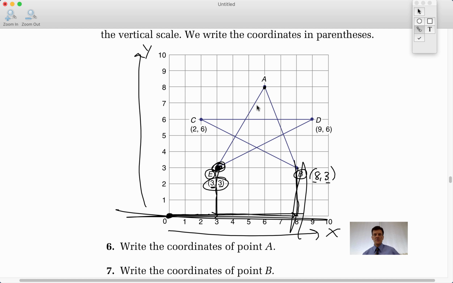If we want to get all the way up to A here, again, you start at the origin, always, and I'm going to take 6 steps to the right, and then 1, 2, 3, 4, 5, 6, 7, 8 steps up. 6, 8 is going to be the point. This is the ordered pair, the coordinates that describe the location of point A. Okay?